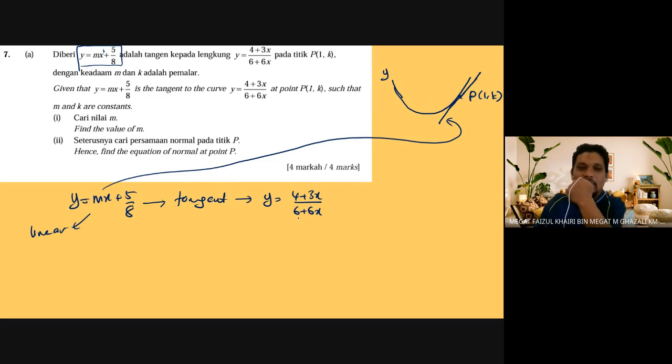So now we are going to differentiate this, and after that we might compare with this one here. So this is u and this is v.